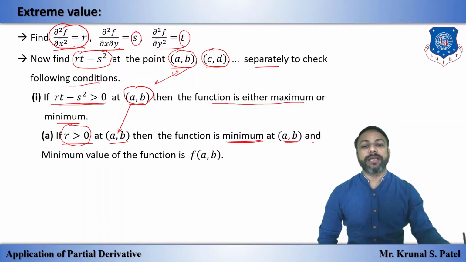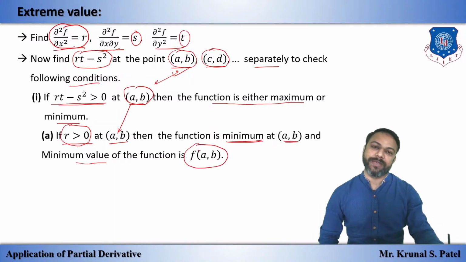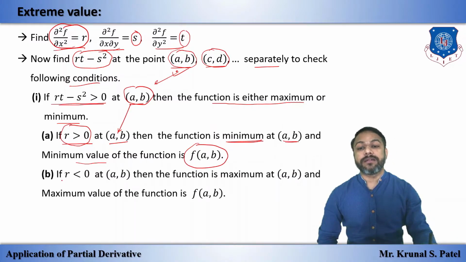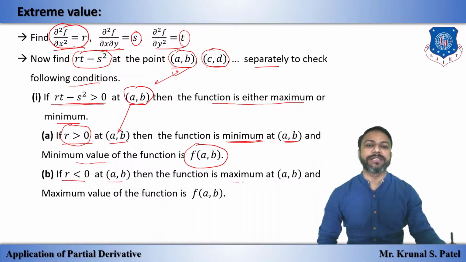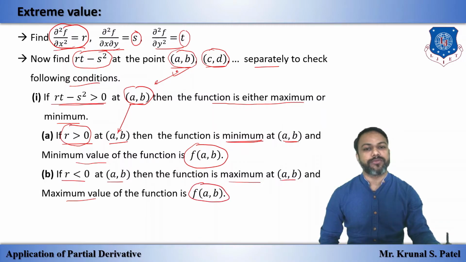Okay, and the minimum value of the function is obtained by putting the point (a, b) in the function, that means f of (a, b). If r is less than 0 at (a, b), then the function is maximum at (a, b), and the maximum value of the function is obtained by putting (a, b) in the function, f of (a, b).